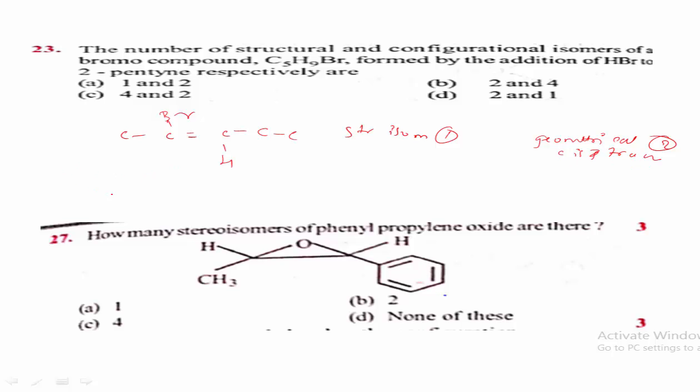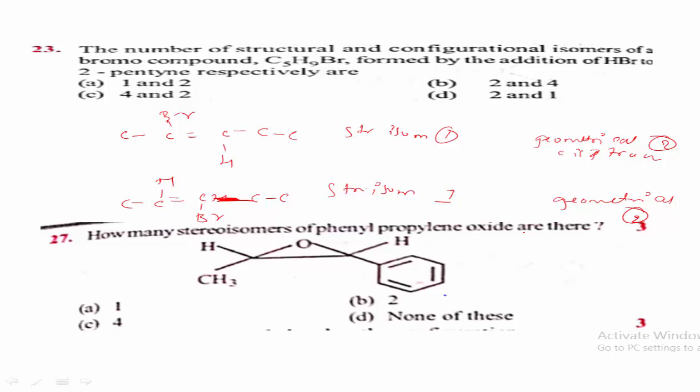Next, if you write the structure like this, here H, here double bond C, you only write single bond C. I write Br here and 1C here. In this structure, the structural isomer is only one. Next, geometrical isomers are 2.